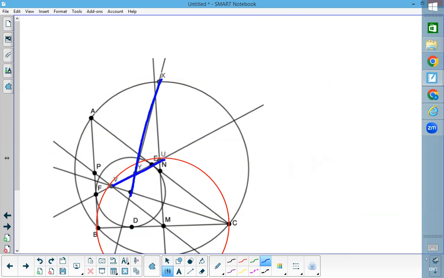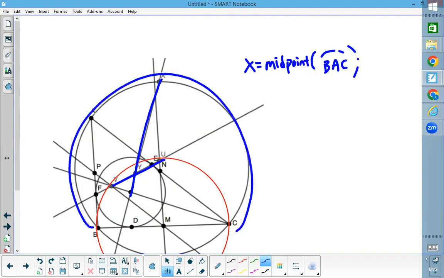This problem also tells us we have the point X, which is the midpoint of the major arc BAC. That's how it's the midpoint of this arc. And we want to show that XI bisects UV.